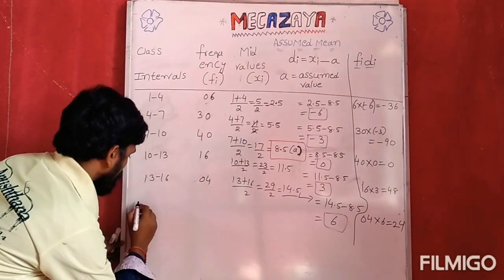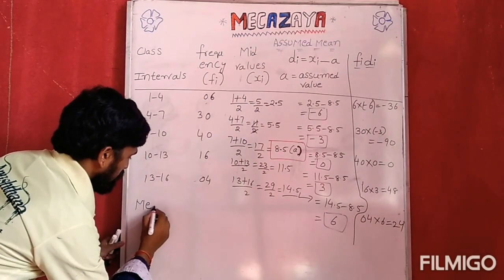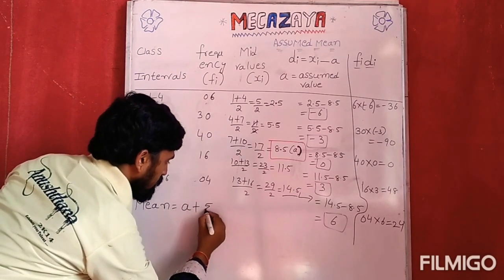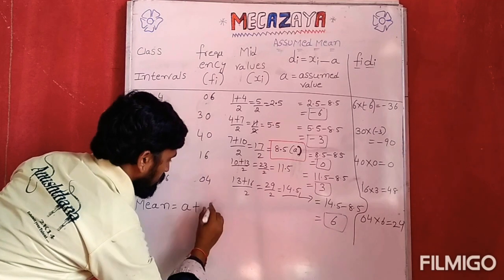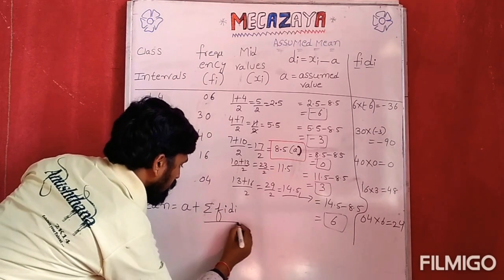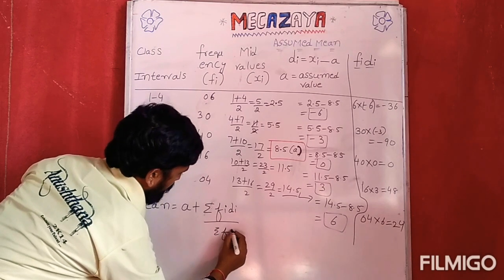So now the assumed mean formula is mean equals A plus sigma fi di by sigma fi.